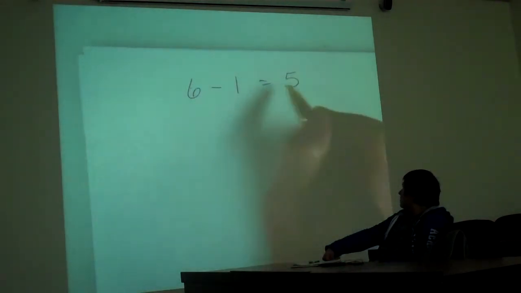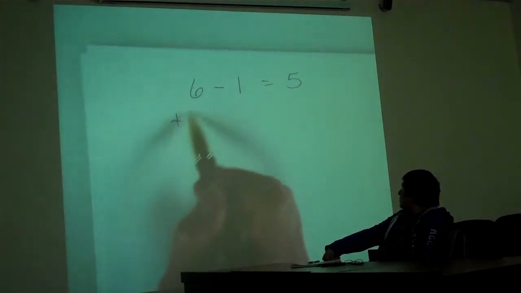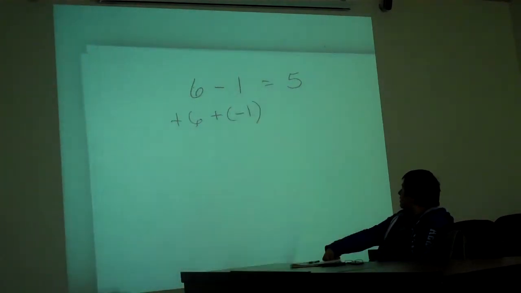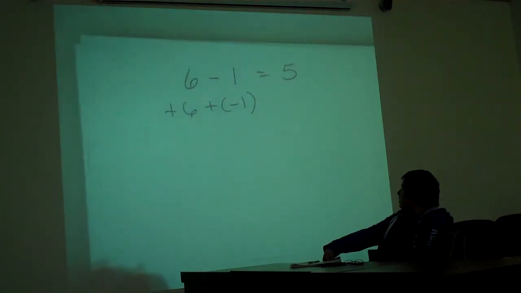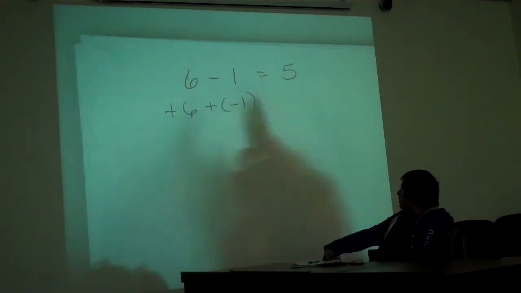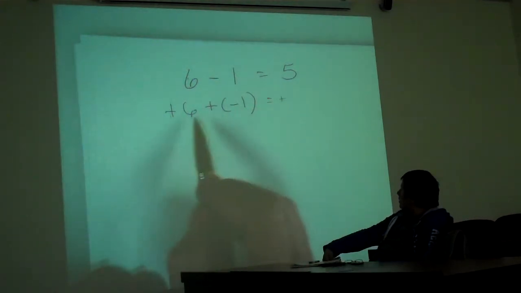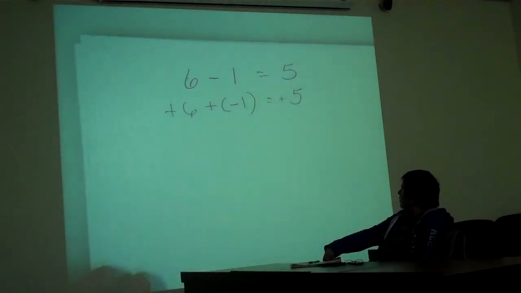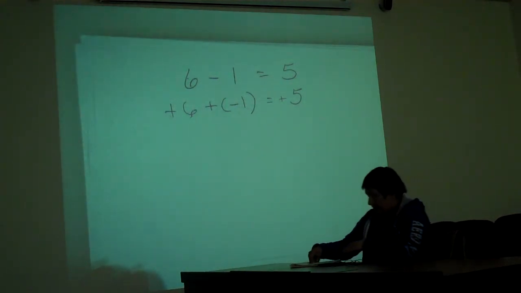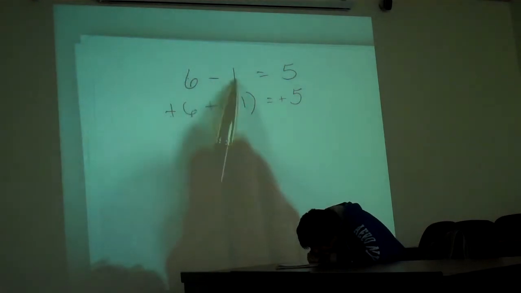Okay, now think of this as being a positive 6 and a negative 1. Our addition rules told us to keep the sign of the larger, which is positive, and to subtract them. See how that came out the same? You're adding a positive and a negative.